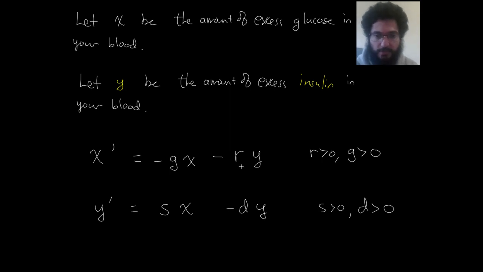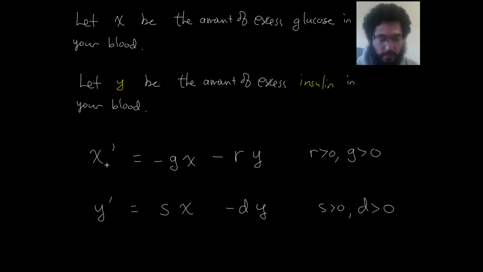So I guess r represents kind of how sensitive your cells are to the insulin hormone. So if you have a large parameter r here, then I guess that means even just a little bit of insulin will cause you to start pulling the glucose out of your bloodstream very quickly for use for other things.